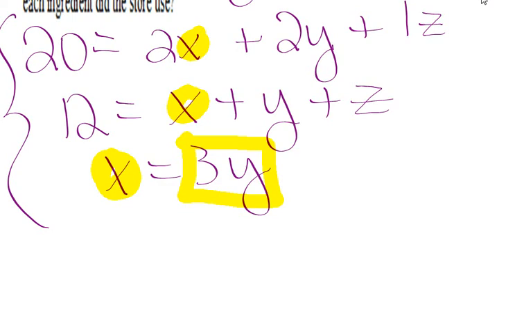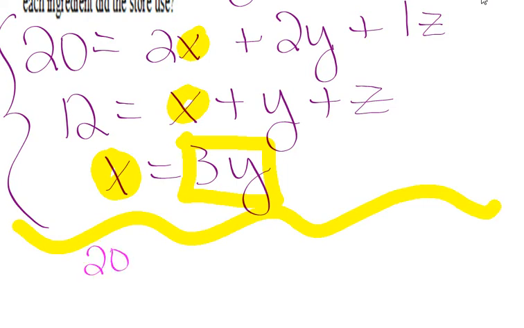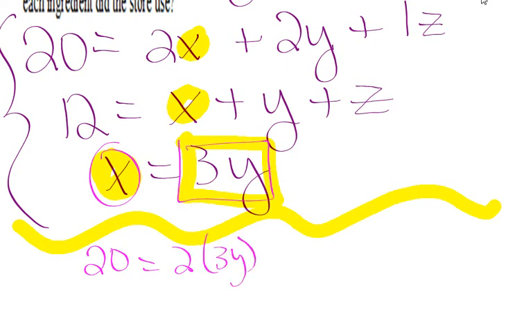So we're going to have 20 equal 2 times X, and we said X is equal to 3Y, so we're going to replace that X with the 3Y, plus 2Y plus 1Z.